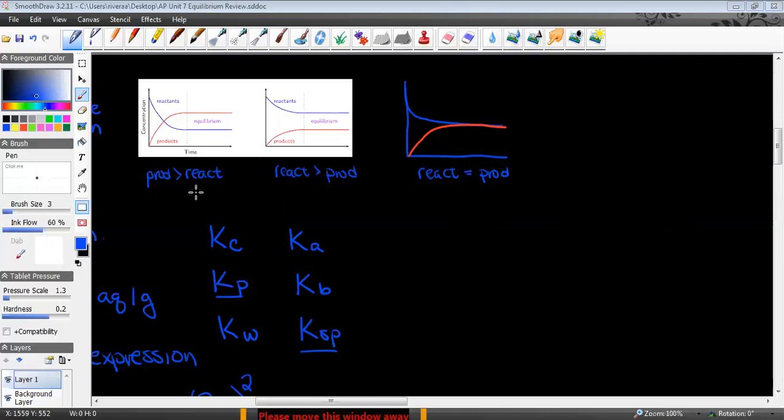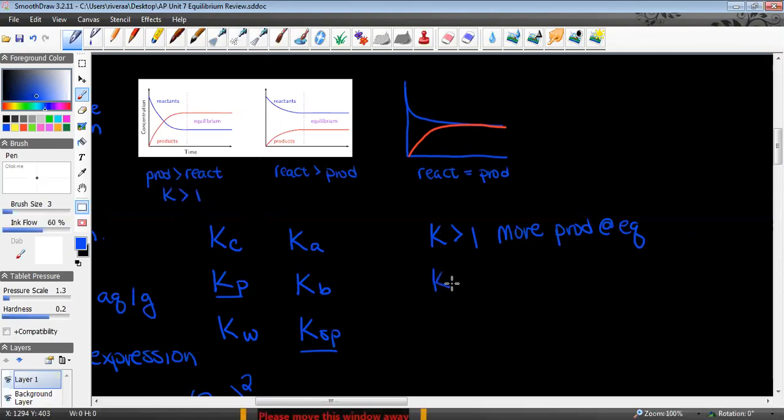Okay, so what do these K values tell us? Well, if you have a K that's greater than 1, what does that mean? A K that's greater than 1 means your numerator is bigger than your denominator. So this means you have more products at equilibrium.